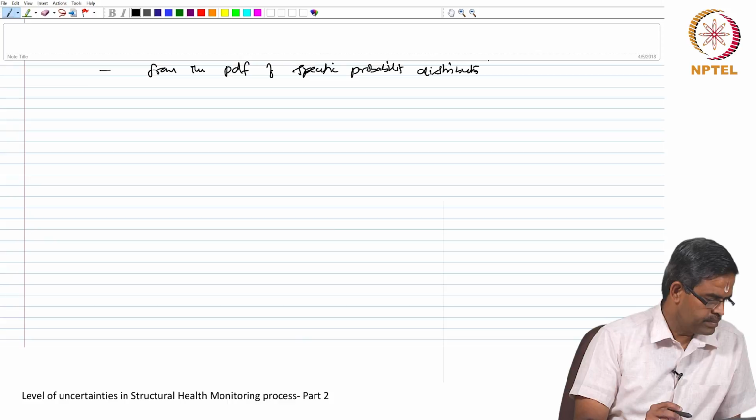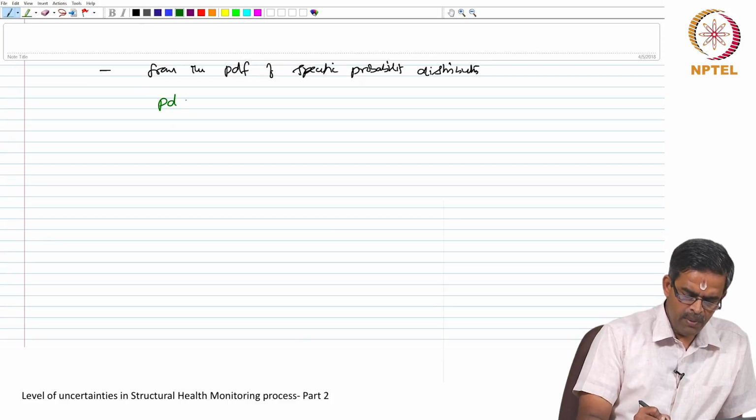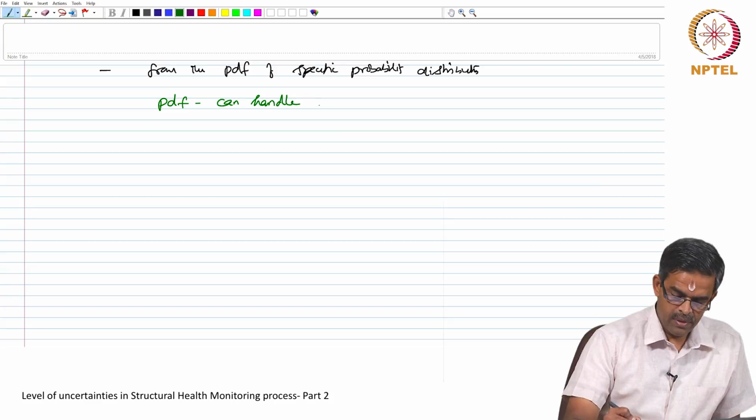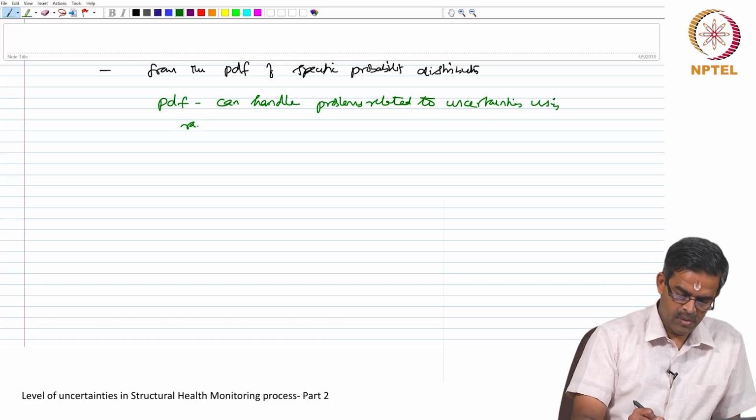Interestingly, probability density functions can handle problems related to uncertainties using random theory.